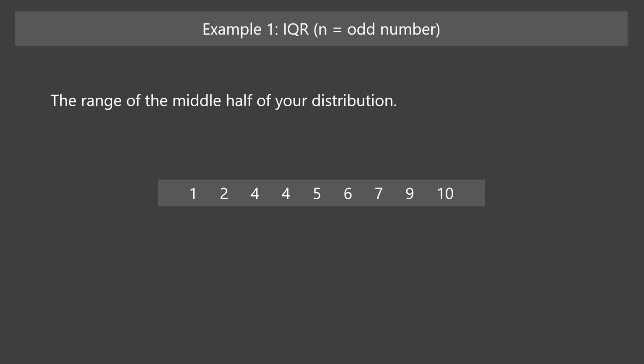Let's look at an example. Here's a small dataset which consists of 9 observations. The total number of observations is an odd number. The data are sorted from the smallest to the largest.